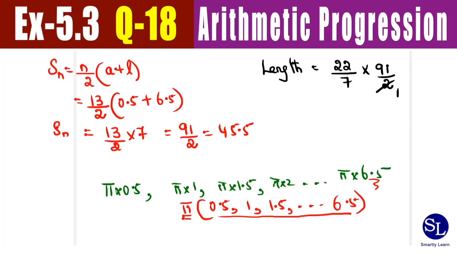So this is going to be 1 times, this is 11 times, this is 1 times, this is 13 times. So 13 into 11 is 143. All these measurements were given in centimeters. So the length is going to be 143 centimeters. The total length of the spiral for 13 semicircles is 143 centimeters.